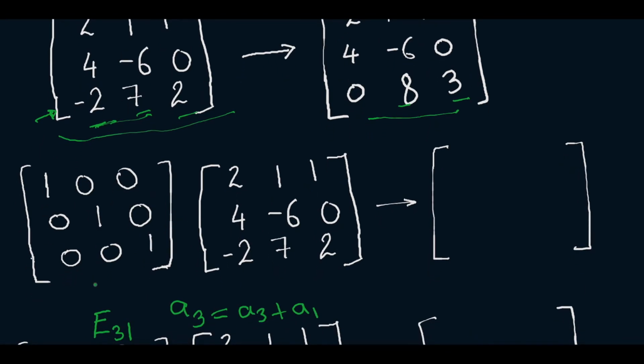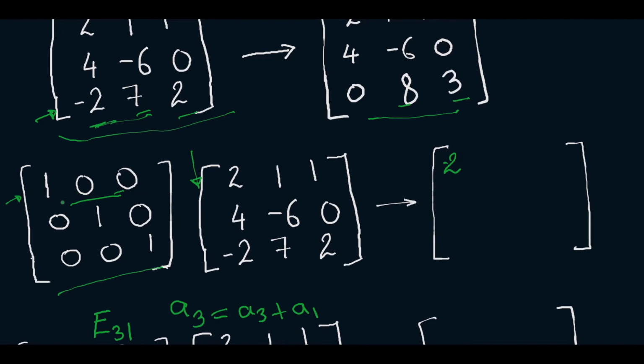Now let us practice it first using the identity matrix. This is an identity matrix. When you multiply by an identity matrix, you get the same matrix. So let us do the operation. For example, this is the first row. Multiplying this row with the first column gives our first element, which is nothing but 2.